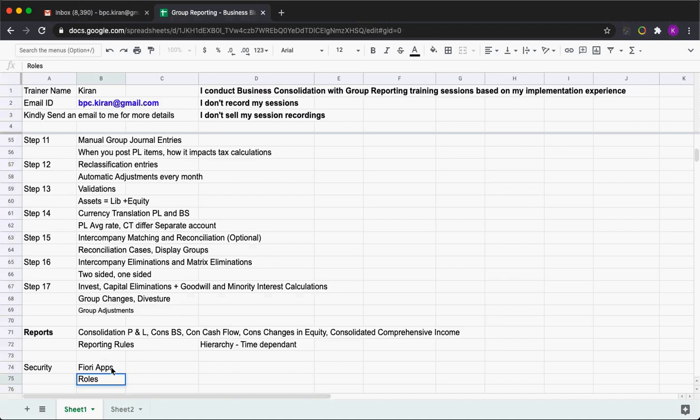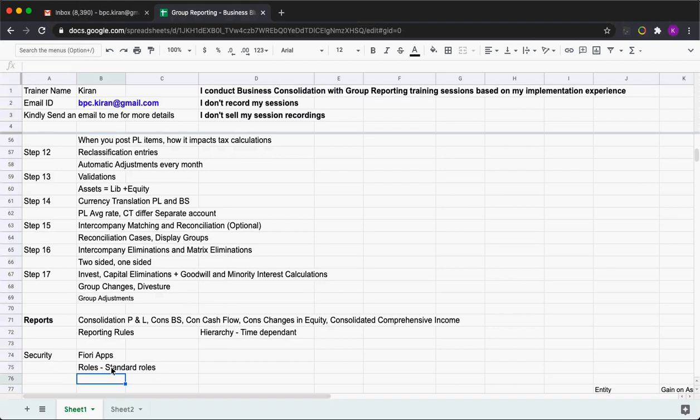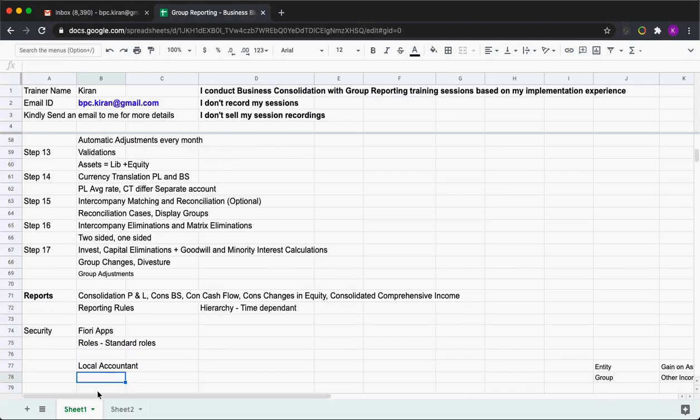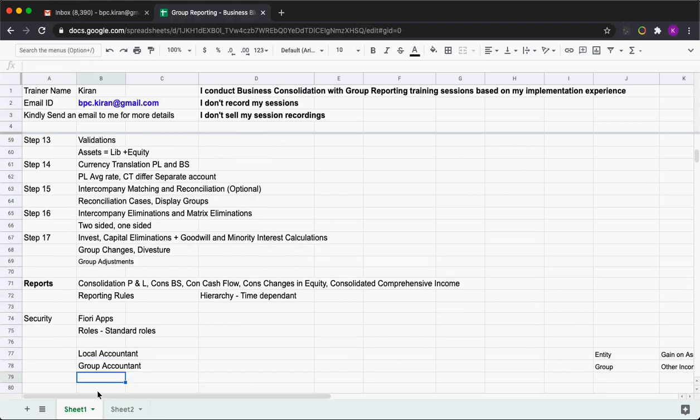The standard roles, I shared those roles, same roles you can list out here. And after the realization, you have to discuss with the customer and prepare roles for local accountant, for local task, and also per group accountant task. These are the things you have to perform for the on-premise version.